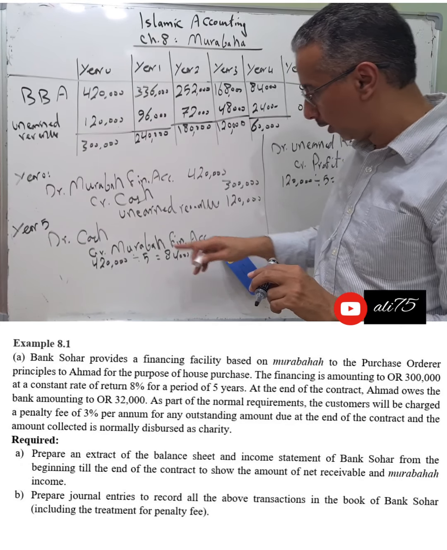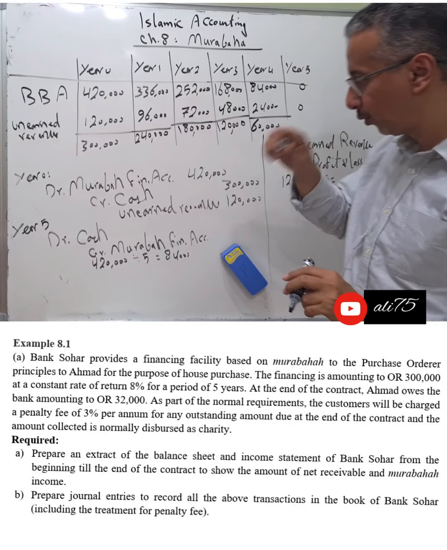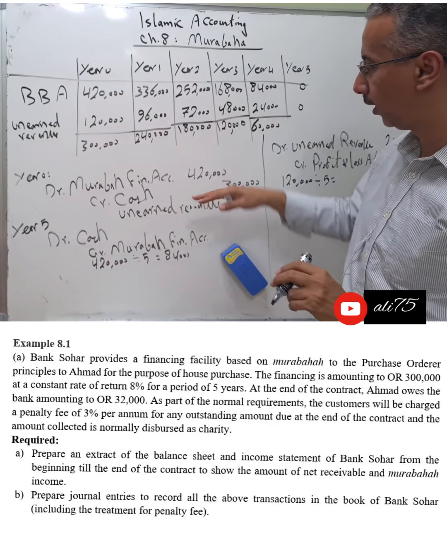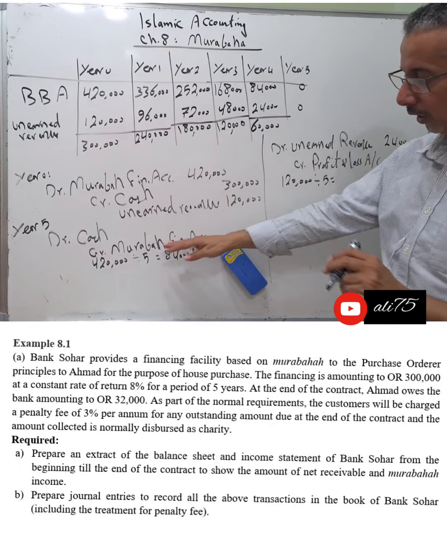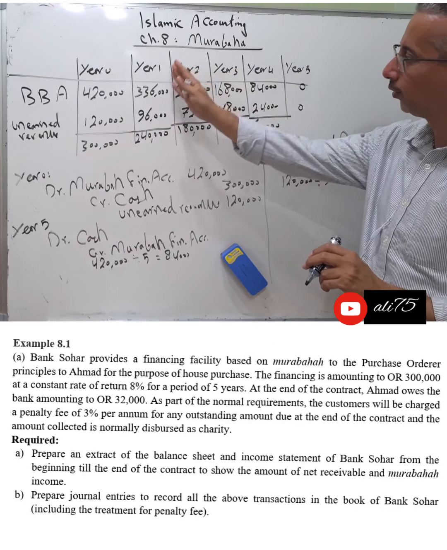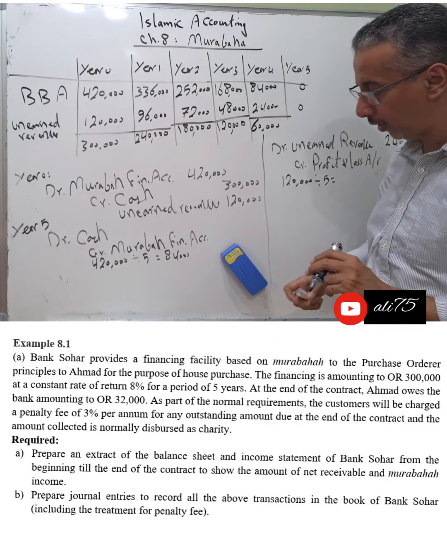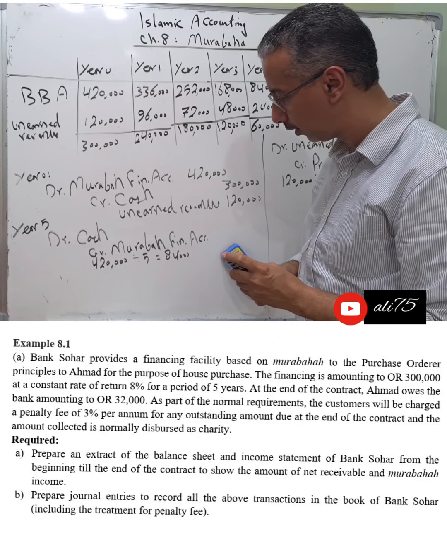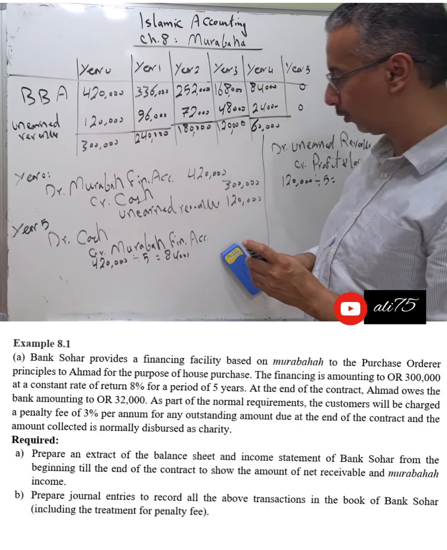Okay. So at the end of year, as we said, year 2, 3, 4, it will be same as these two journal entries. It will be repeated in 2, 3, 4. Year 5, according to the question, the customer still owed 32,000.